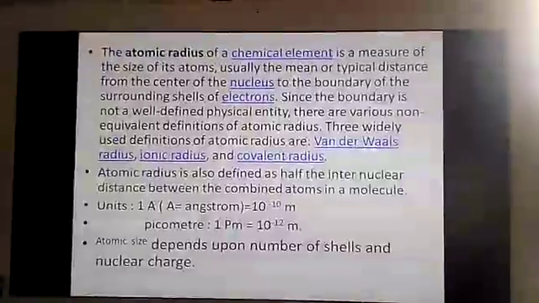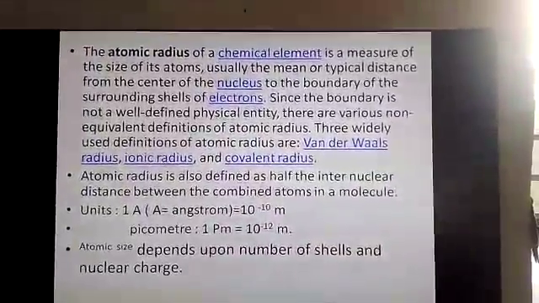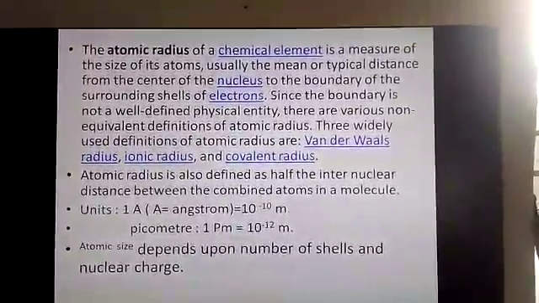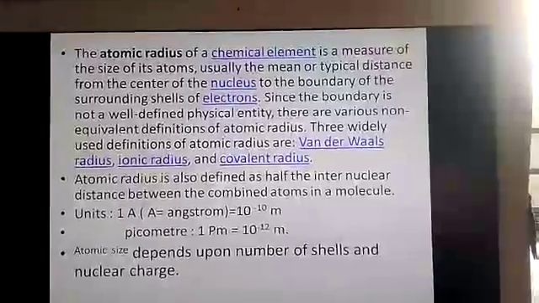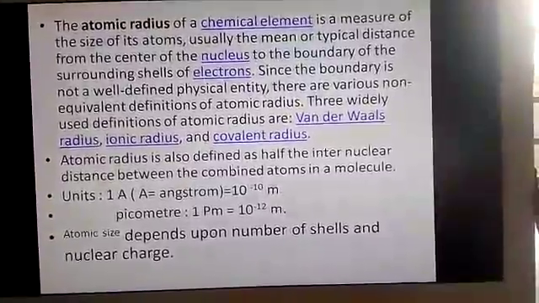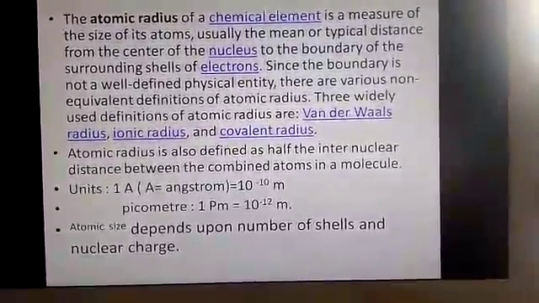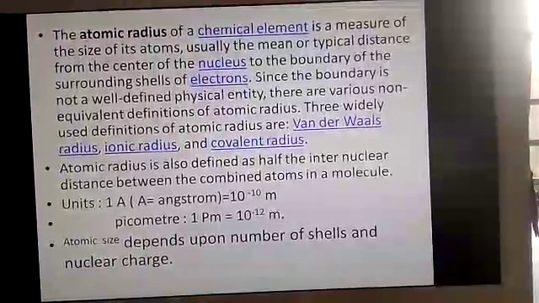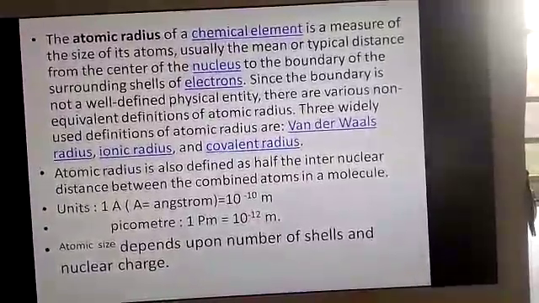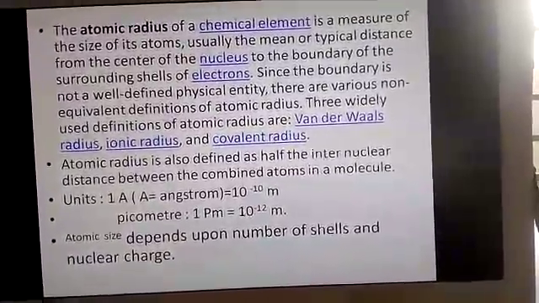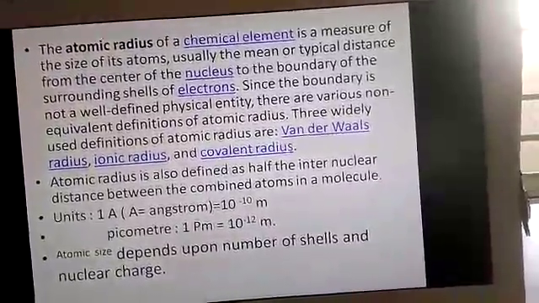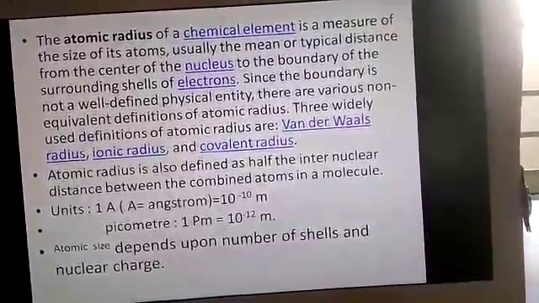It is measured as the distance from the center of the nucleus to the surrounding shells of electrons. So this is atomic radius.